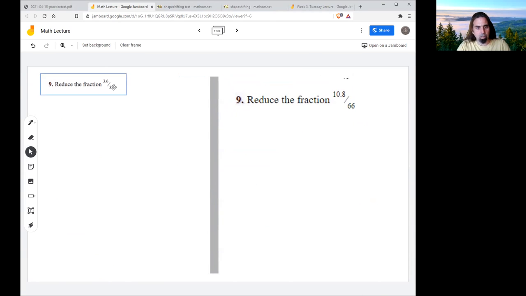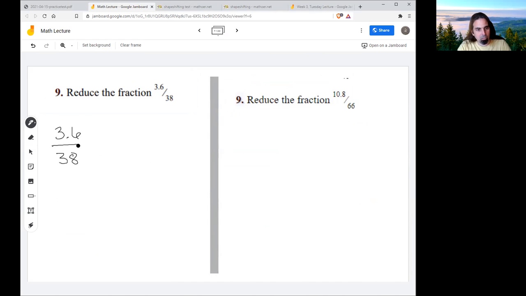Now we have a fraction that has a decimal in it. I'm going to write it better because it's always nicer to put fractions of one number right on top of the other instead of slanted. So 3.6 over 38. What an ugly thing. So pause it at home.